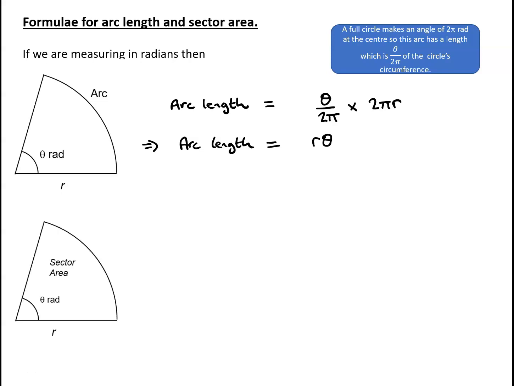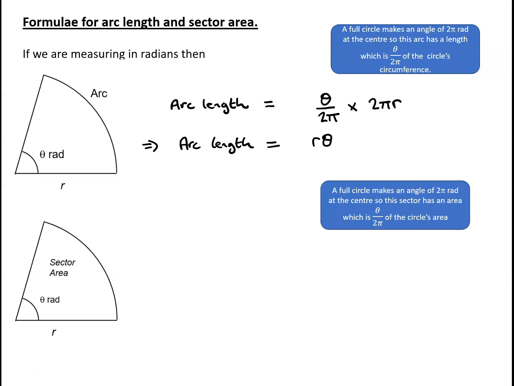Similarly, the sector area is going to be the fraction of the circle we've got times the area of the whole circle. So the sector area, if we've got a sector that subtends an angle theta radians at the centre, is going to be given by theta divided by 2 pi, the fraction of the circle, times pi r squared.